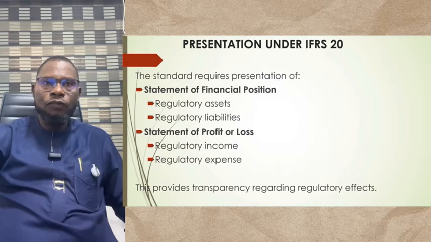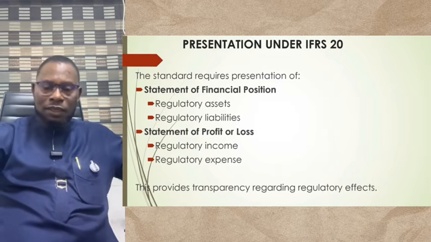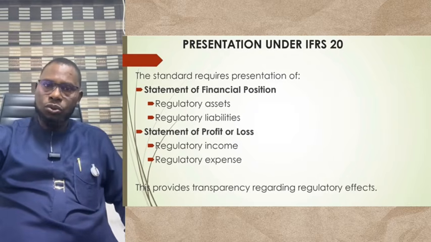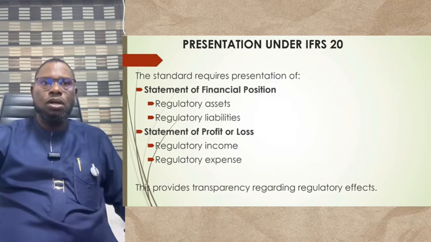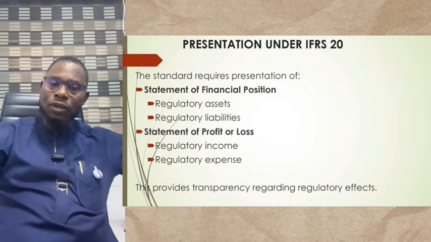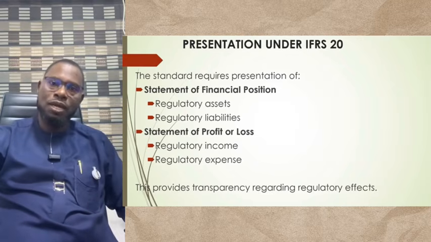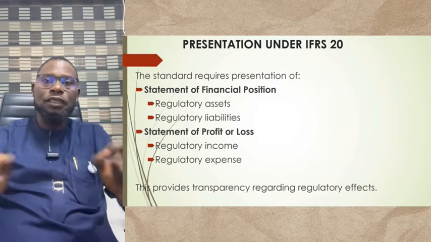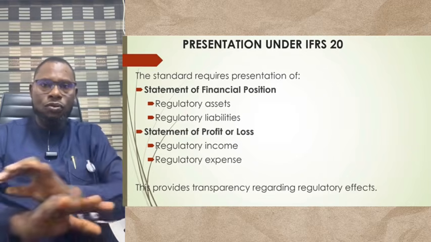Now, for the statement of profit or loss, we know that expenses are charged in the P&L, and income also goes to the income statement. So the regulatory income will go to profit or loss, and the regulatory expense will also go to where the expenses are. So this is how it is done. So this provides transparency regarding regulatory effect.